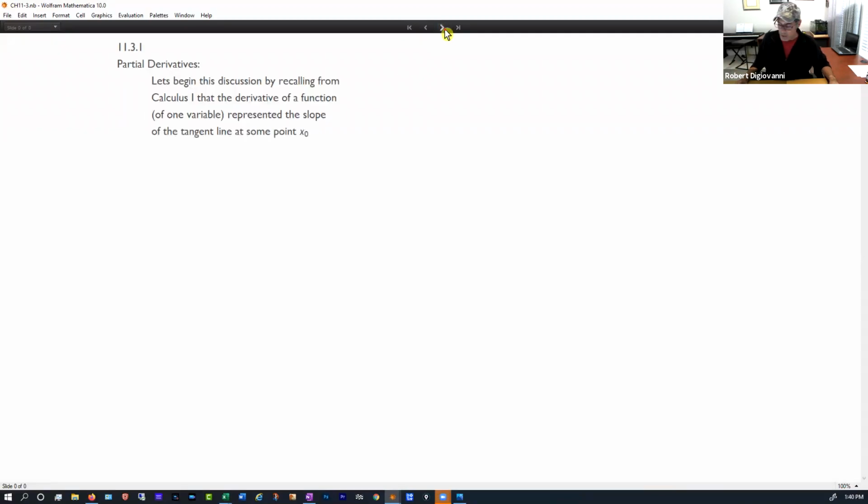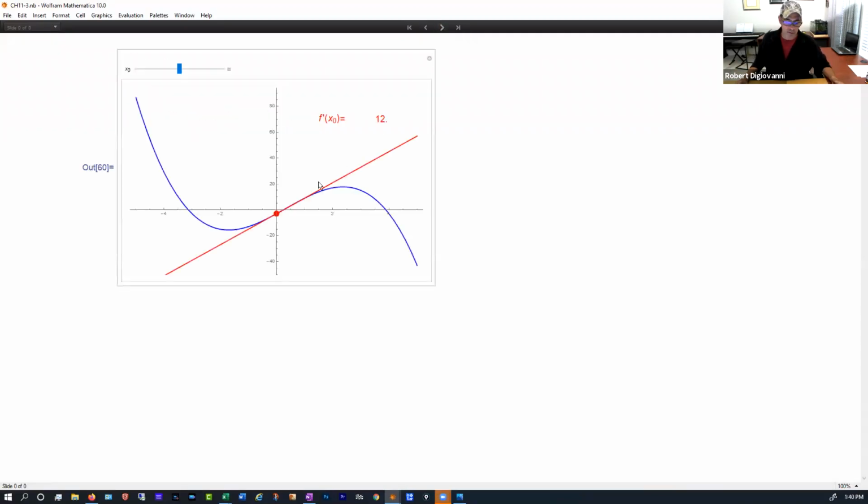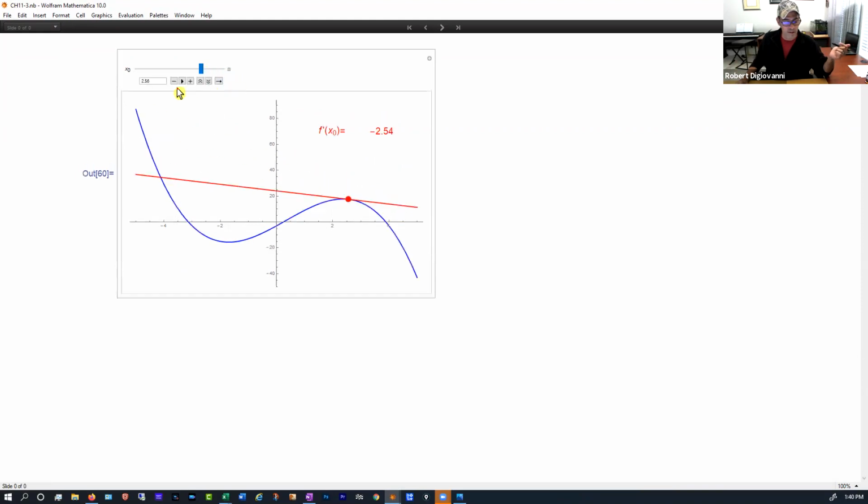So we know that in Cal 1, we talked about derivatives, right? And it was a very basic geometric idea. If we have some function, which is the blue curve, and we ask what is the derivative at some point? All the derivative represents is a number, which is the slope of the tangent line at that point, right? So you go to some x value, I'm at about 3 here.